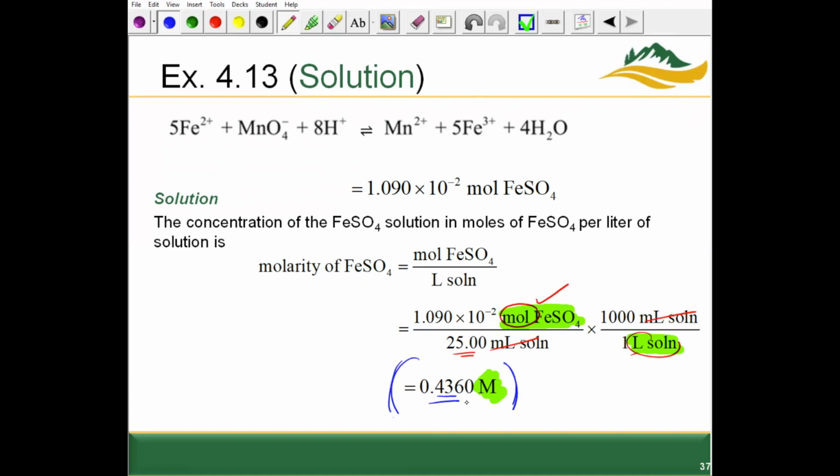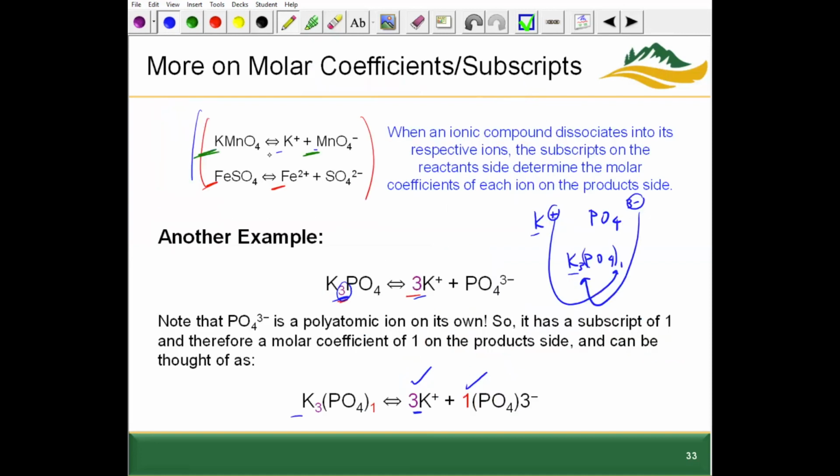To solve a redox style problem, you're going to have to know this balanced chemical reaction. So this would have to be given to you, this net ionic equation for redox reactions. Then it's going to be really important that you feel comfortable taking an ionic compound and writing out a balanced chemical equation for the dissociation into its respective ions.